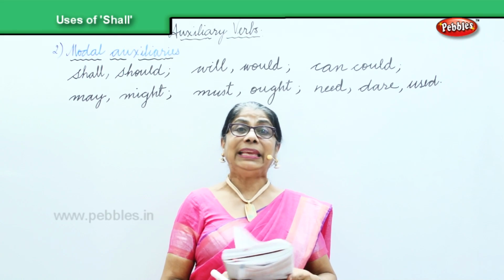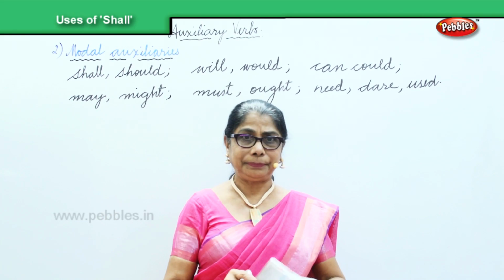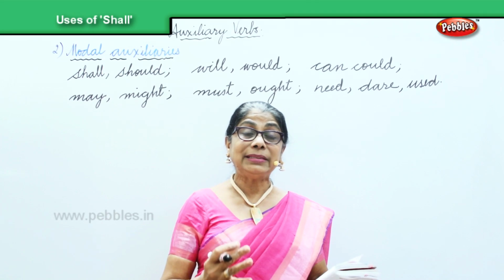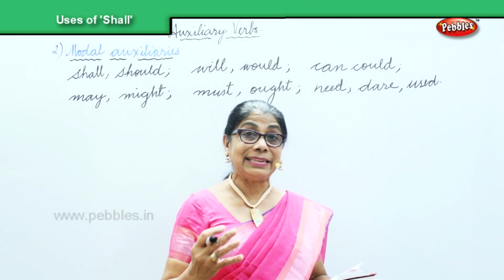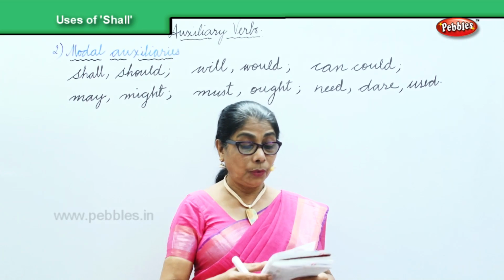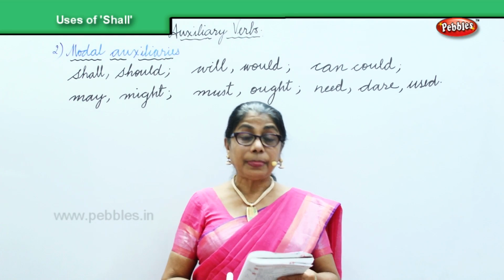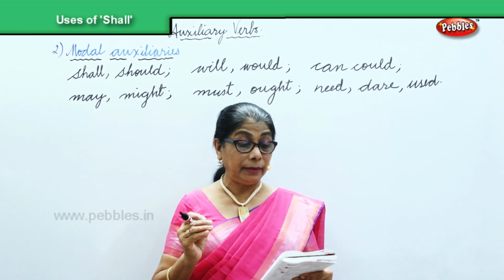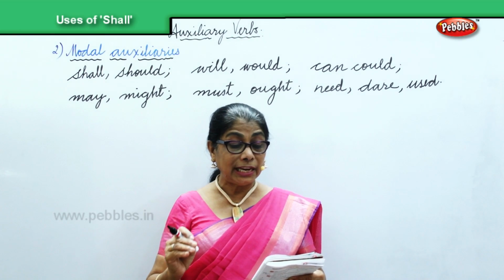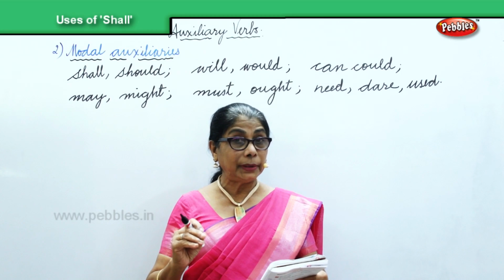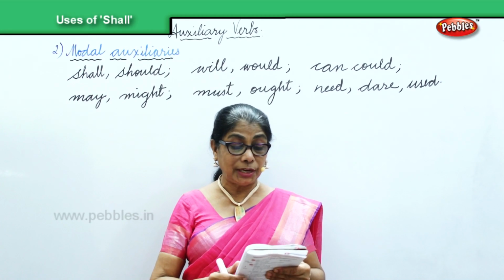Now each of these, we look at it. Each of these, how is it used in the sentence construction? Okay. Now, what is this modal auxiliary? The modal auxiliaries do not change with the number of the person or subject. They do not change.